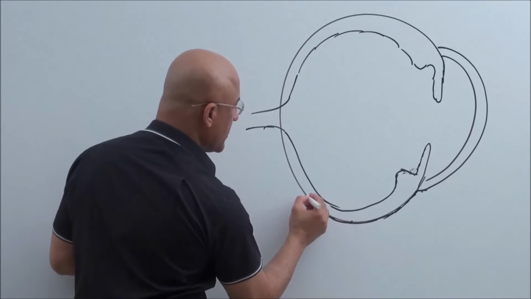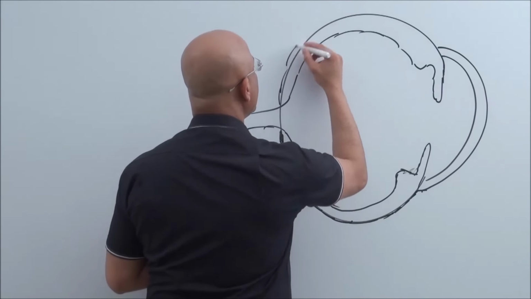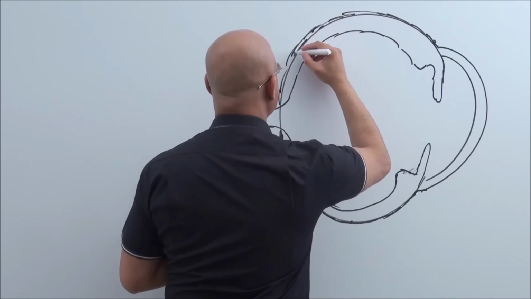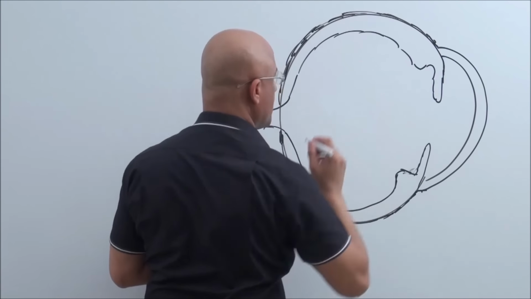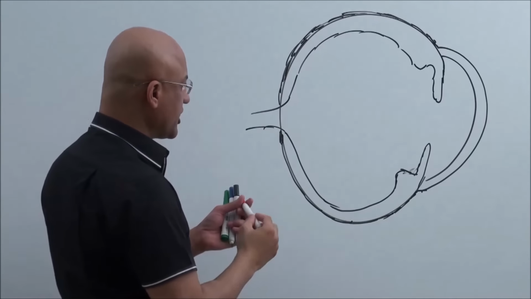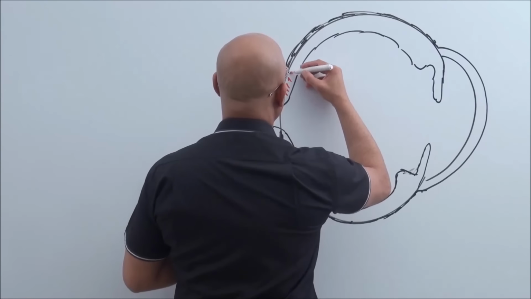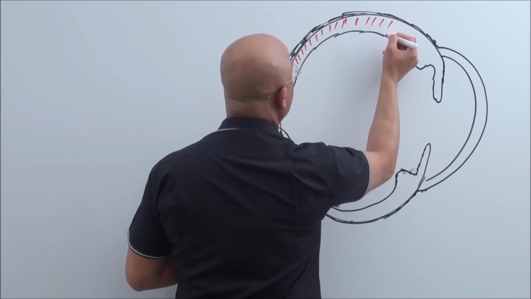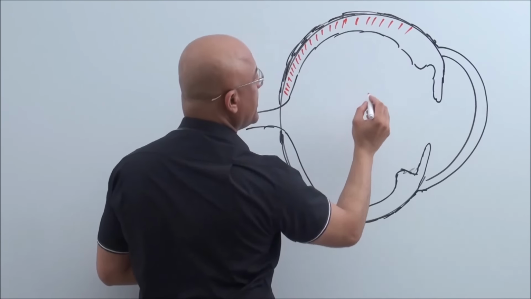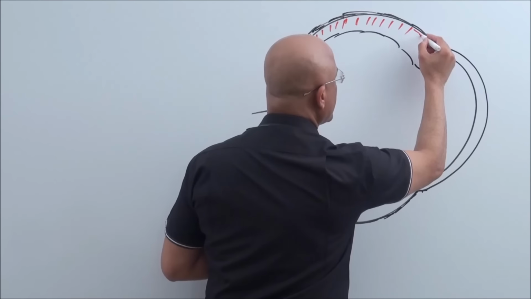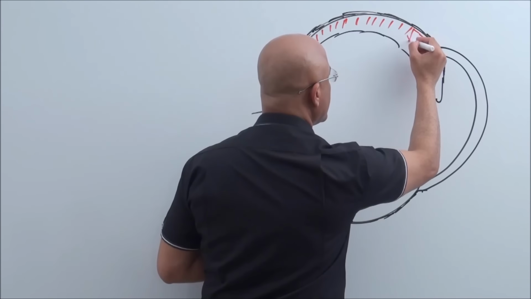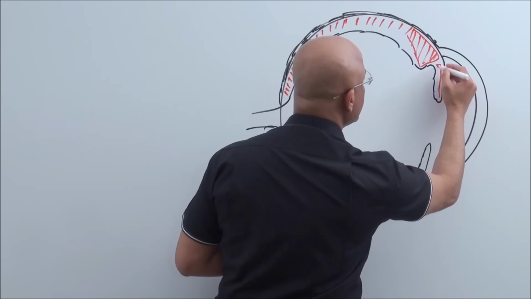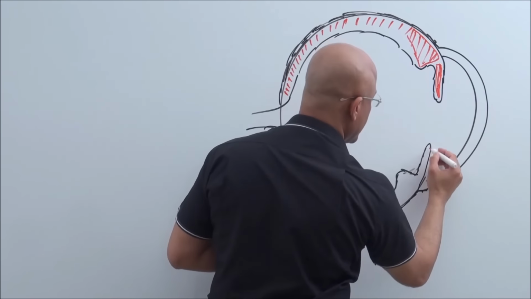Tell me. Sclera, right? This is the outermost layer of the eyeball, which is a collagenous and very tough membrane, a protective layer. Inside it, this is a layer which is highly vascular, and this vascular layer is called, in the posterior part up to here, choroid, and then this part of the vascular layer is called ciliary body, and here it is, yes, iris.